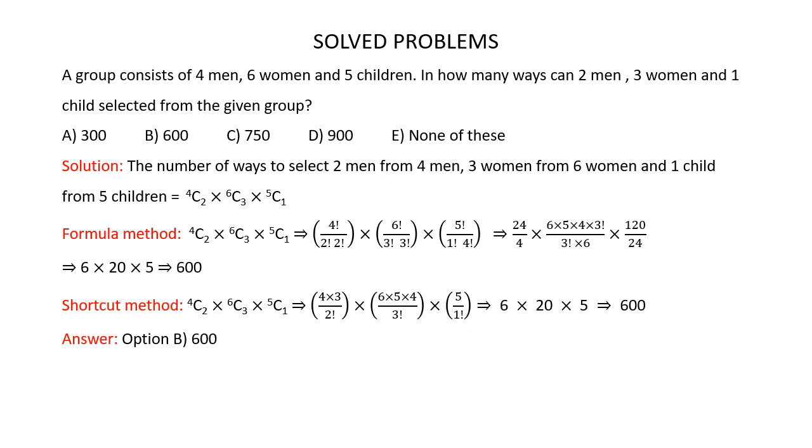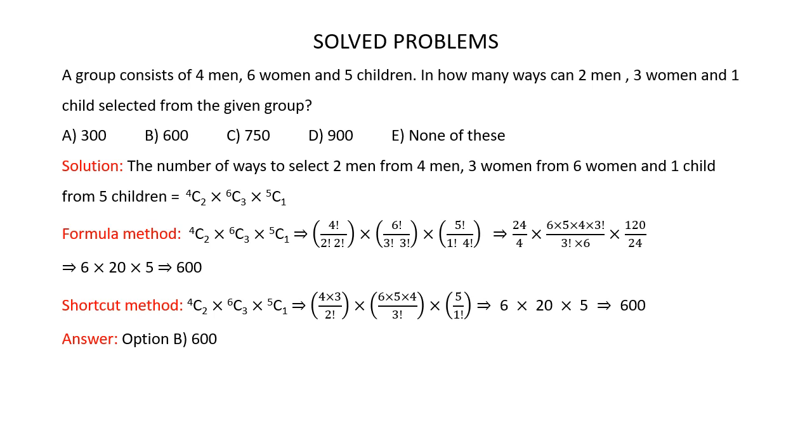Now we know that 2 factorial is 2 and on solving this we get 6. Here 3 factorial is 6 and on solving this we get 20. And 1 factorial is 1, so we get 5 here. So 6 multiplied by 20 multiplied by 5 is 600.